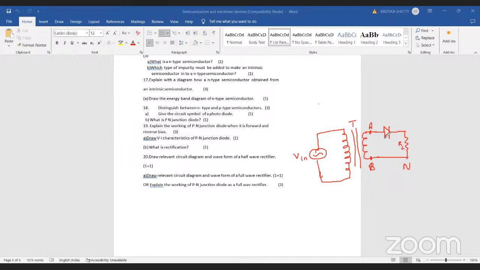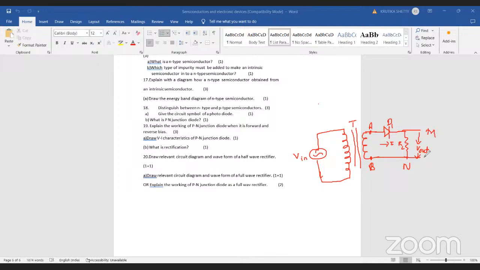This is RL, this is the current I, this is a diode D1, and this is the output, V output. So this is the circuit diagram for the half wave rectifier.